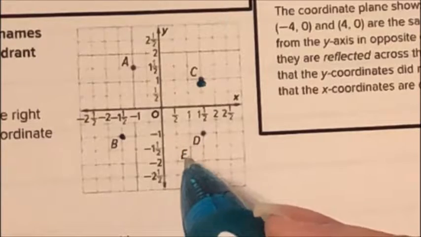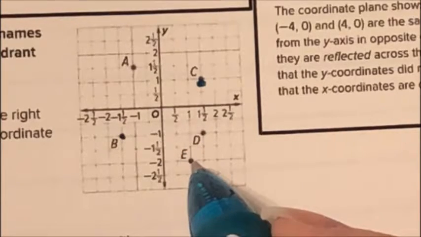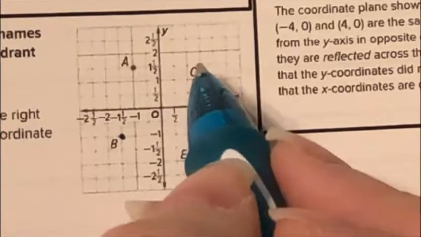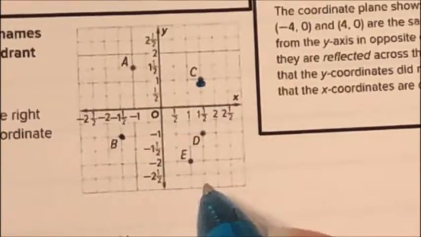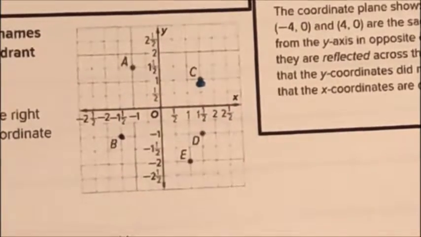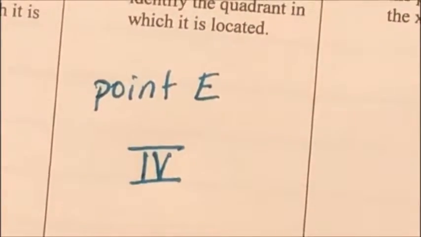Then down to -2, which is point E. And E is located in 1, 2, 3, 4, the 4th quadrant. So letter B is point E, and it's in quadrant 4.